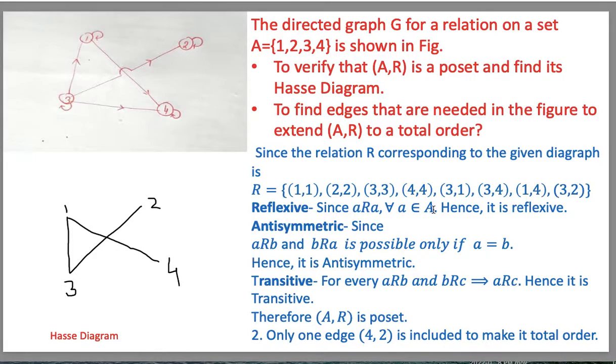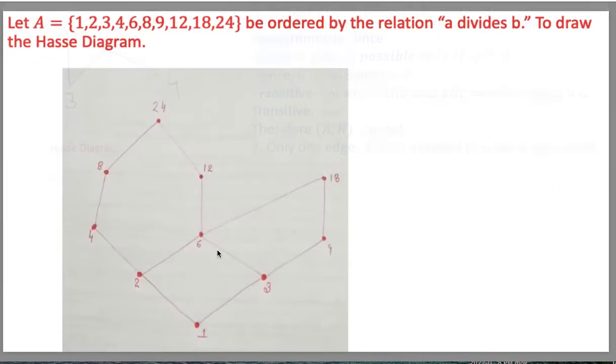AR, which is a poset, will become totally ordered, because in total order we need to satisfy all the three conditions of poset as well as of total order, which means every element is comparable. So if we join 4 to 2, it will make it totally ordered.